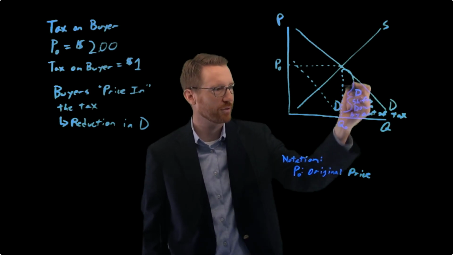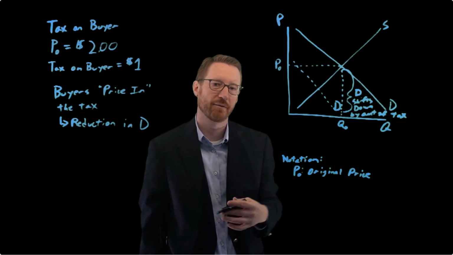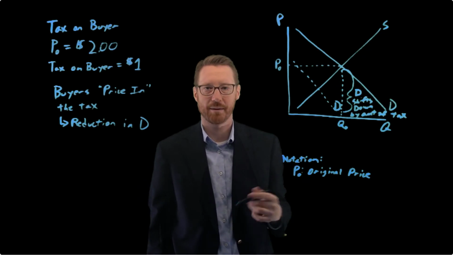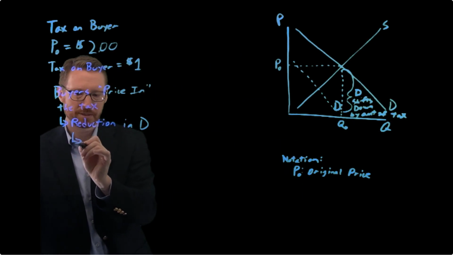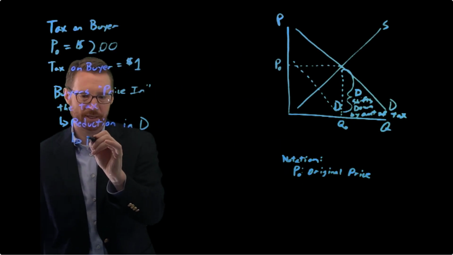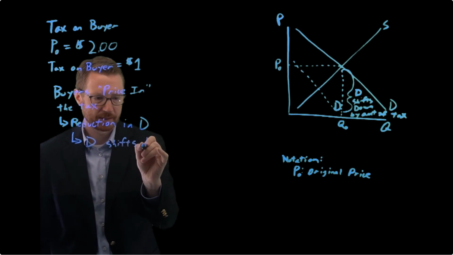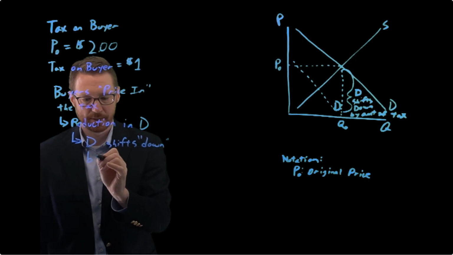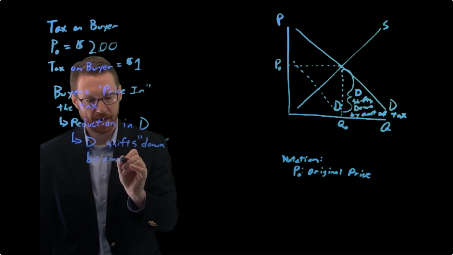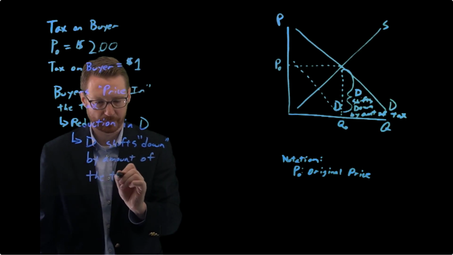Until that vertical distance is the tax. So demand effectively shifts down by the amount of the tax. So we've got a reduction in demand. Well, how far is it? So demand "shifts down" by the amount of the tax.